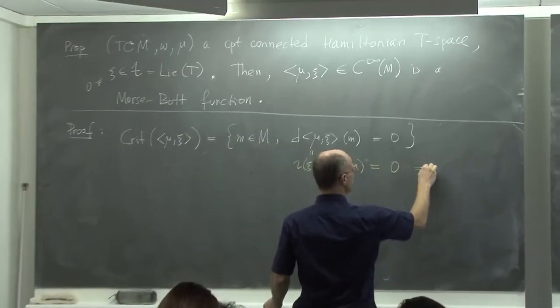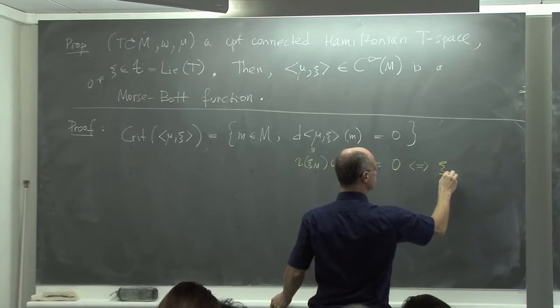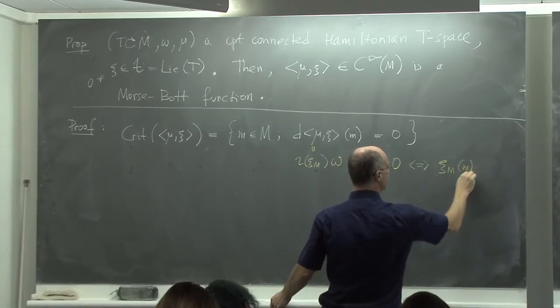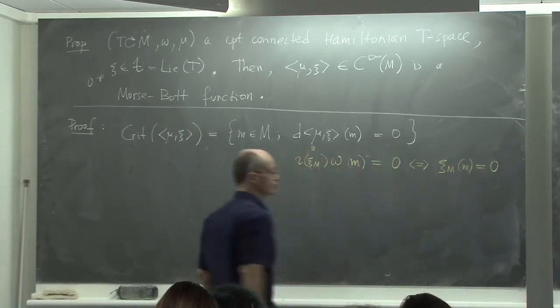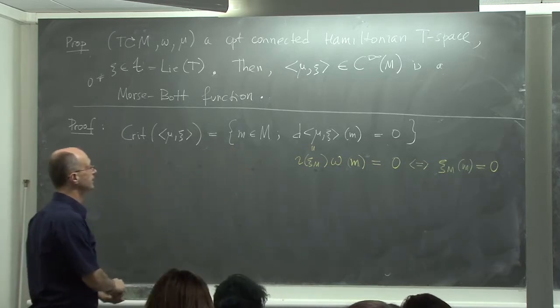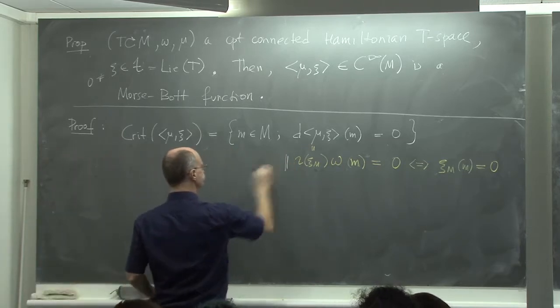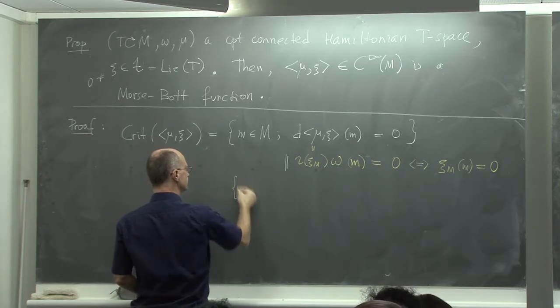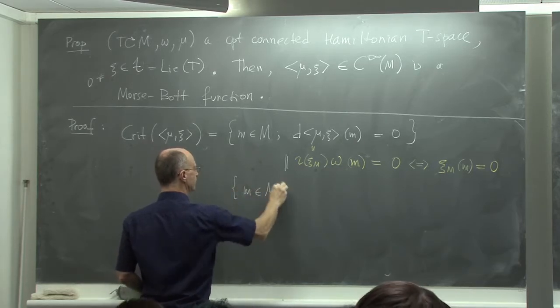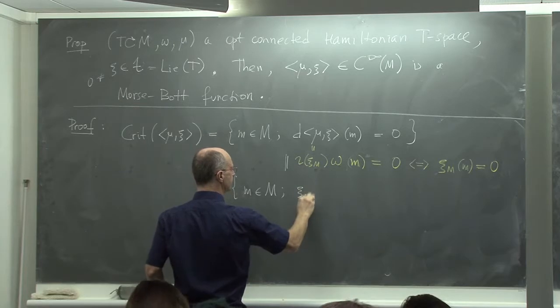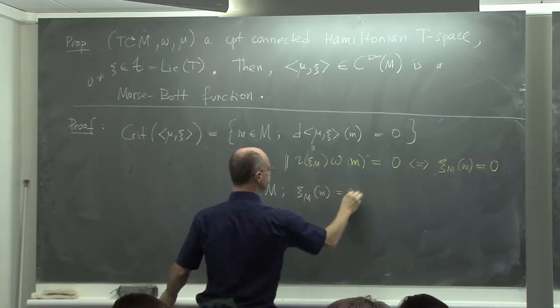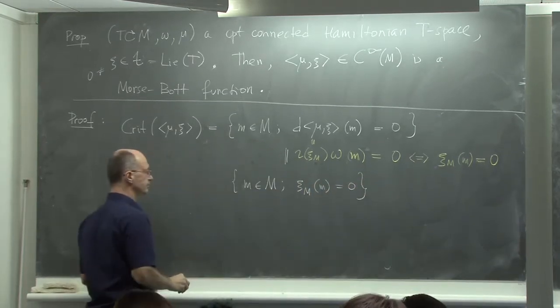So this is the same as psi M of m equal to 0. So these are points on M where psi M of m is equal to 0.